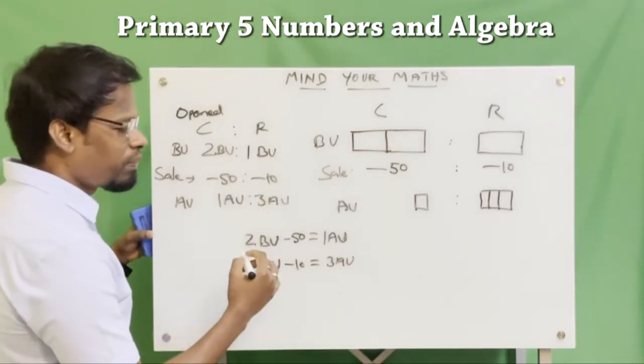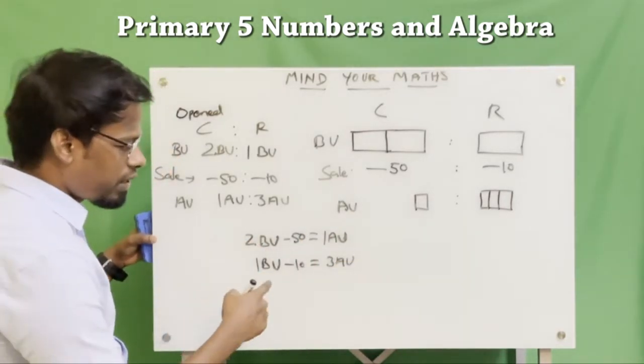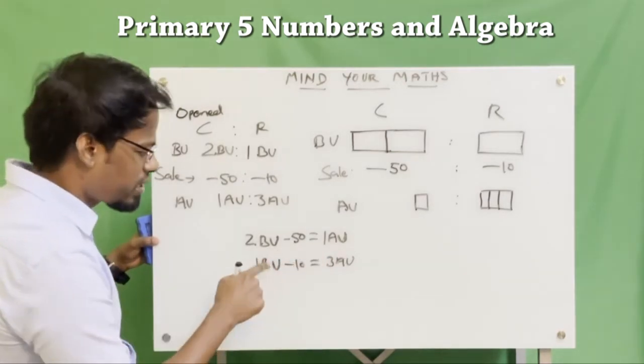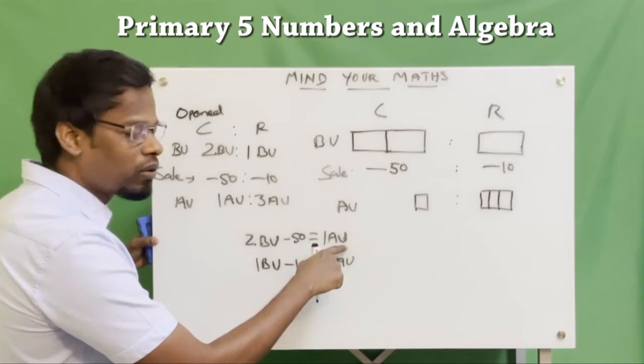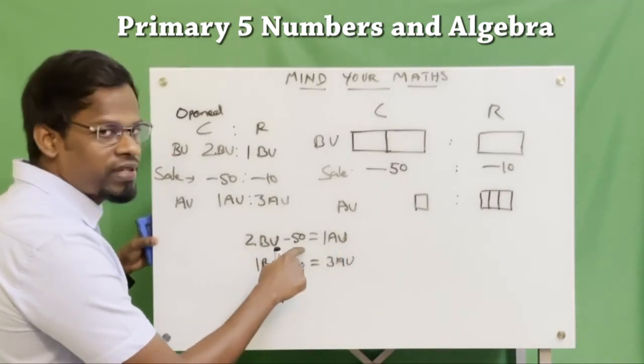Let's now simplify using these two equations. We know what 1 AU is: 1 AU is equal to 2 BU minus 50.